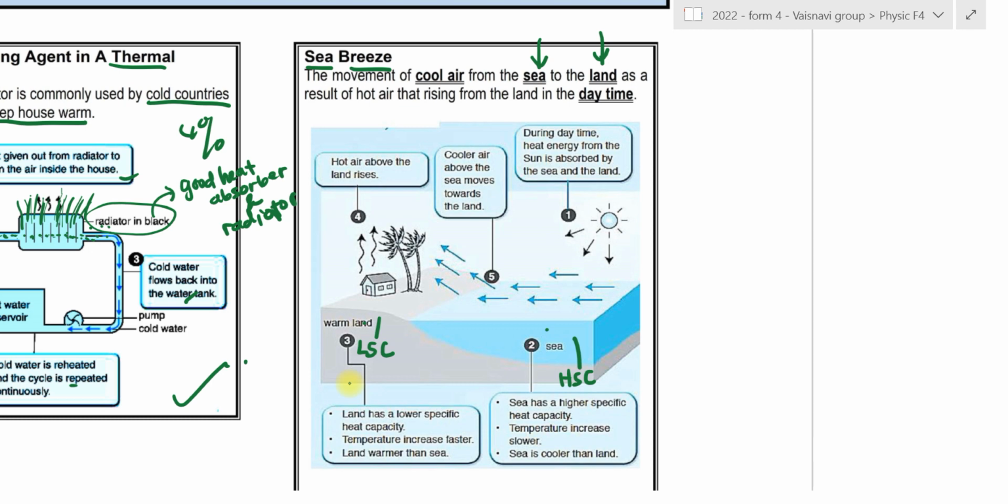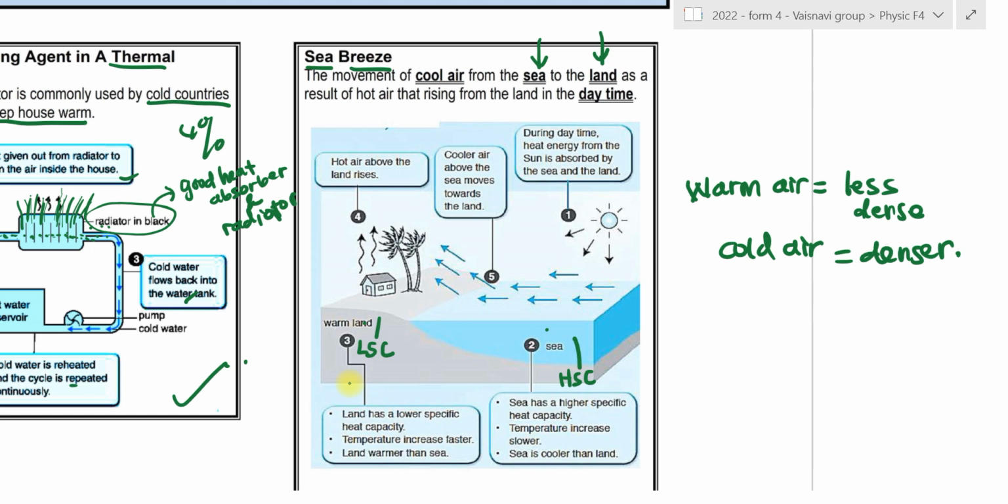Okay. So, hot air above the land rises, because when it is hotter, its air becomes less dense. How to tell? Less dense. Always remember that warm air is less dense, cold air is denser.